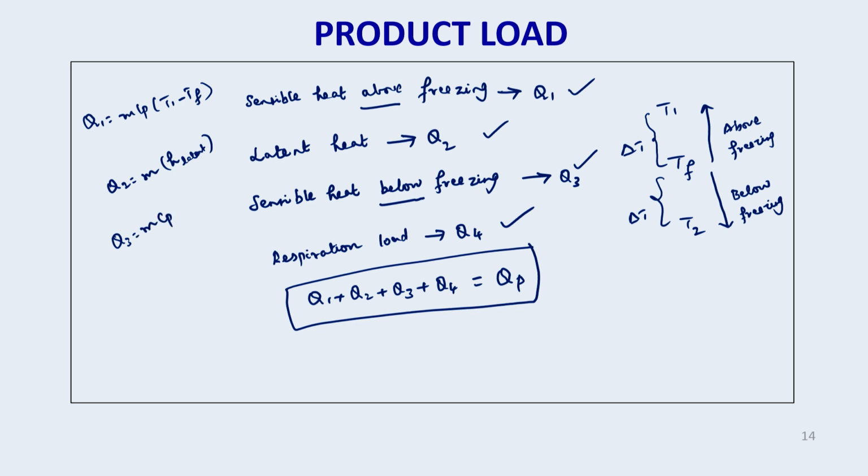There are two specific heat values, one above freezing and another below freezing. Here the Cp value refers to the product Cp below freezing, into delta T, where delta T is from the freezing temperature to the final temperature. And the respiration load Q4 is equal to M into the respiration rate, in kilojoule per kg.